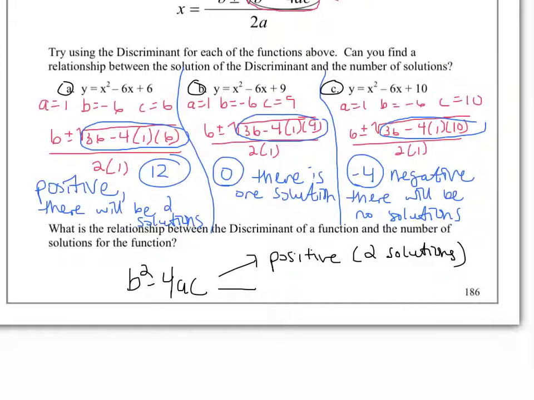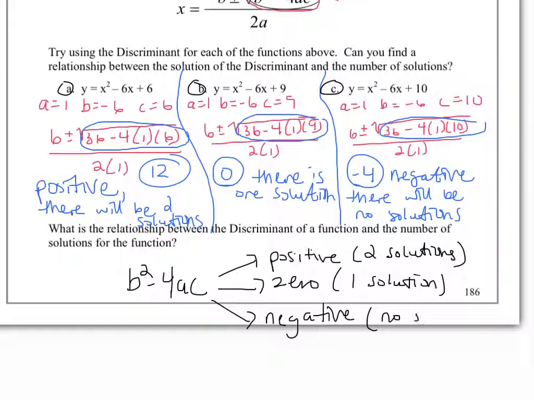If our answer is 0, we know that there's going to be 1 solution. And if our answer is negative, we have no solutions. All right, let's move on.